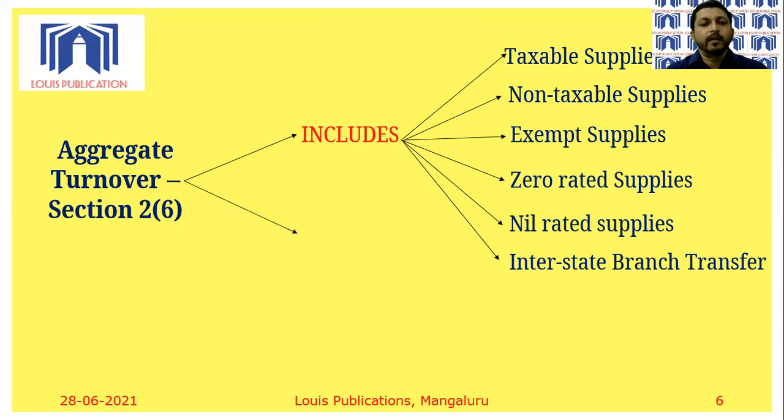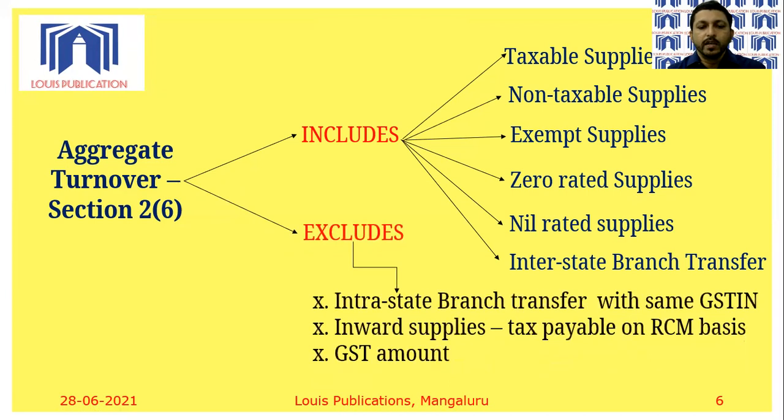The second category of aggregate turnover is what is excluded, meaning we don't include it in aggregate turnover. One very, very important item is intra-state branch transfer with the same GSTIN. Suppose from the Mangaluru head office, the goods are transferred to the Mysore branch office. Mysore and Mangalore are both in the state of Karnataka, and under the same GSTIN.